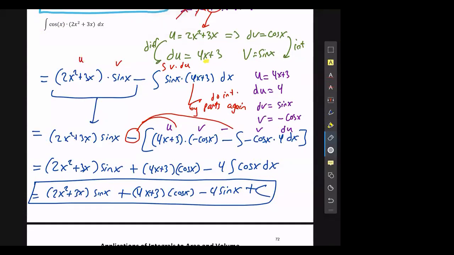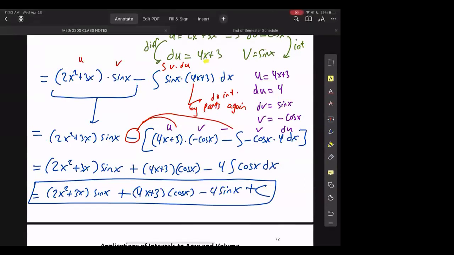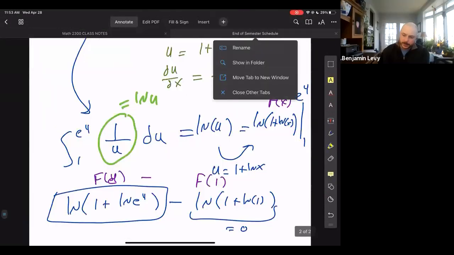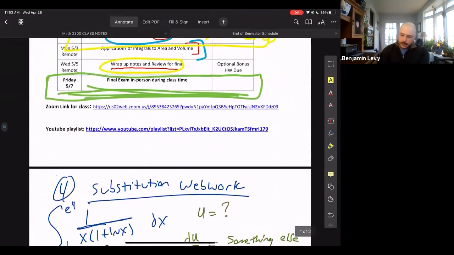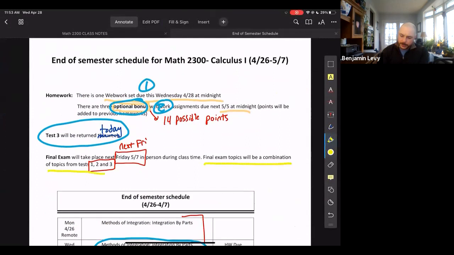I'd like to ask what we should study for the finals. Yeah, so it's going to be a combination of the first 3 tests. If we go back to the semester schedule here, what I have mentioned is the final exam topics are going to be a combination of the test 1, 2, and 3 topics.